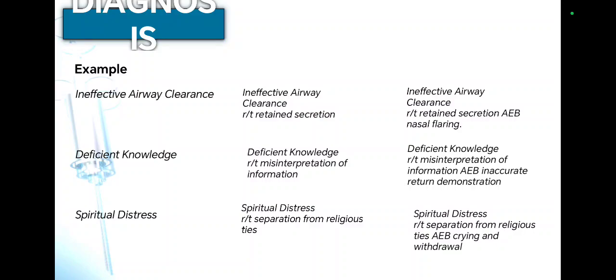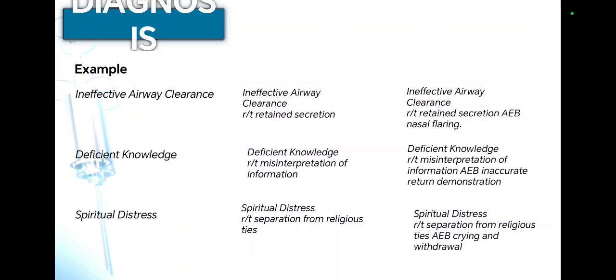Now if we were to add the etiology related to certain secretion, and if we were to add the signs and symptoms, we will use as evidenced by nasal flaring. So here we can identify that the reason why the patient has ineffective airway clearance is because of a retained secretion, and it was seen because of the nasal flaring.